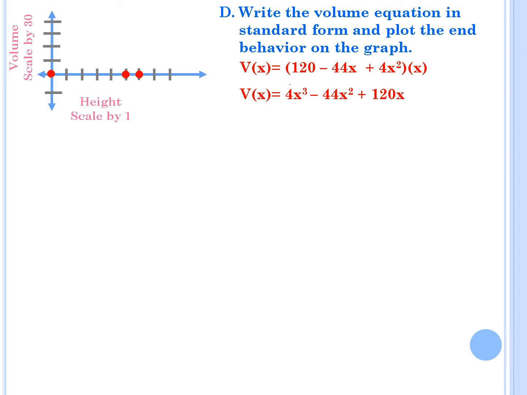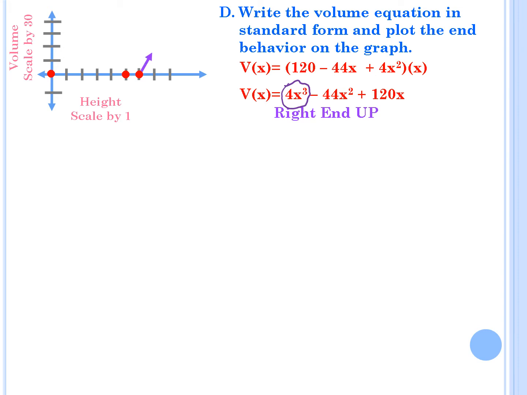So I'm going to circle my leading term, which is 4x cubed. So I first look at the A term because A determines right end behavior. A is positive, so positive means that right end goes up. So from my rightmost 0, I'm going to make the graph go up.